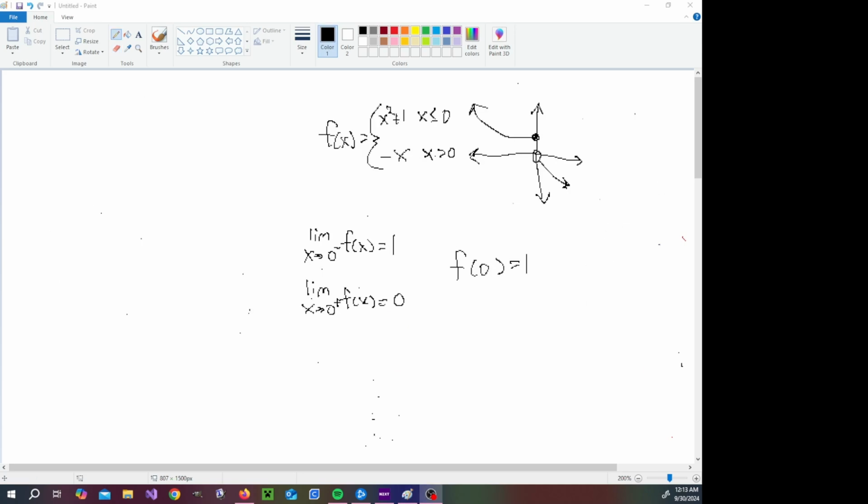So now, this example actually gives us something really interesting. We have this function that on the left limit, right, I am equal to 1, and on the right-hand limit, I am equal to 0. So the two-sided limit doesn't agree. So we can't be continuous because the limit doesn't even exist.